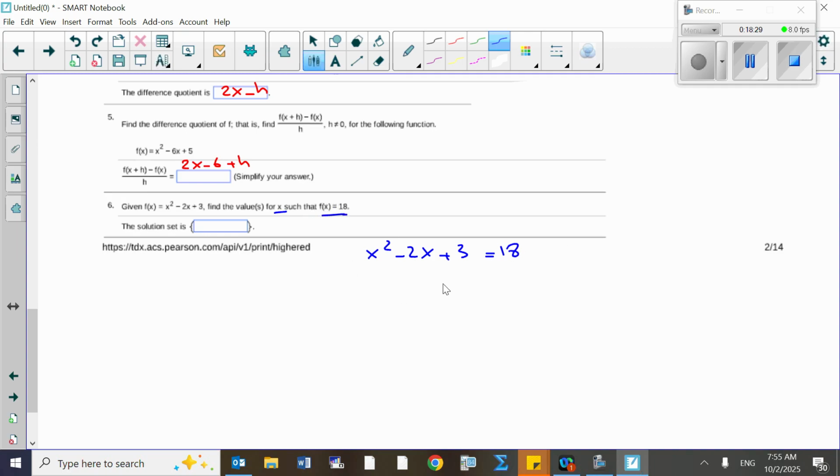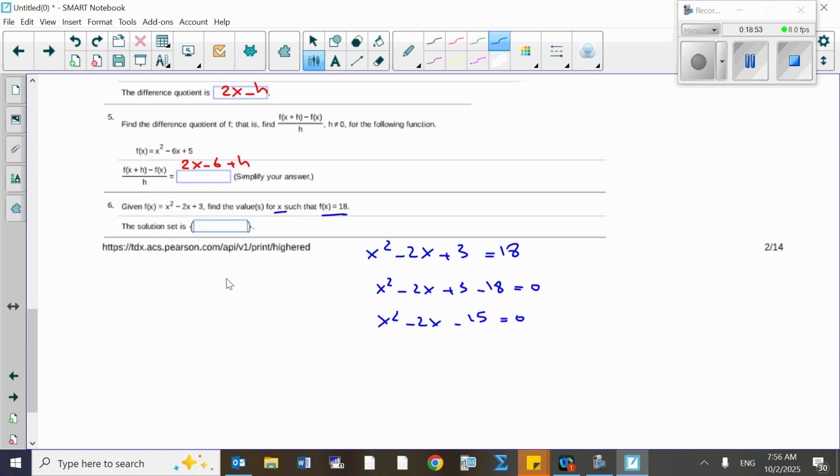The first thing I'm going to do is move the 18 to the left side. So put everything together: 3 minus 18, and here is 0. So I have x squared minus 2x minus 15 equal to 0.